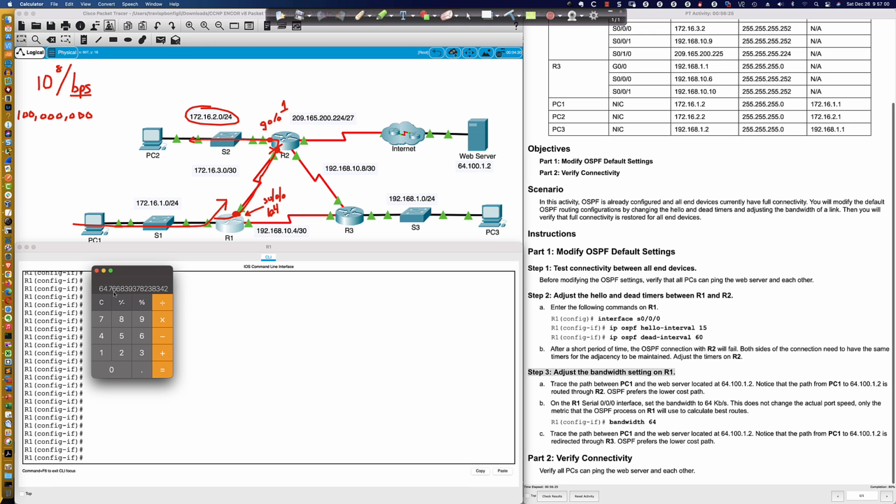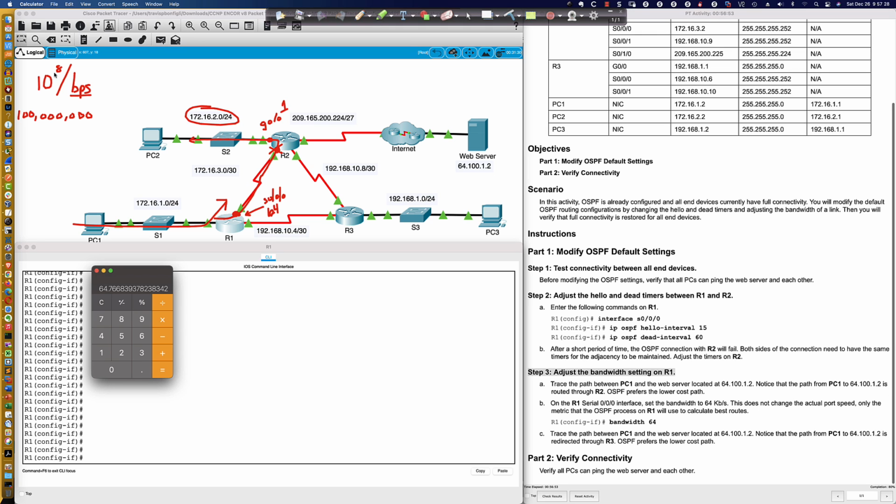64.76. So here's how OSPF deals with this fractional leftover. It always rounds down. There will always be whole numbers. You will never see a cost in OSPF of 64.76683 whatever. It's going to round down. And so the cost is 64.